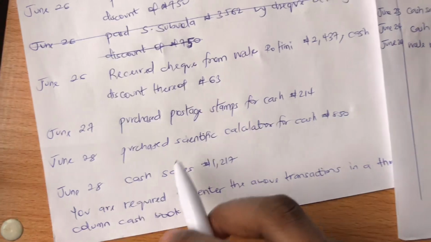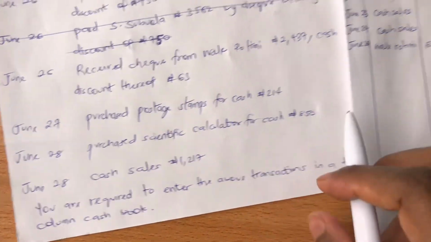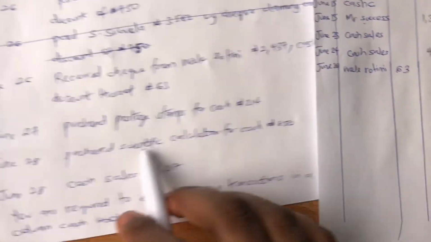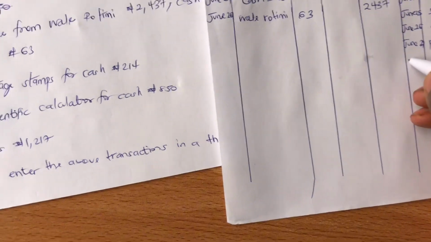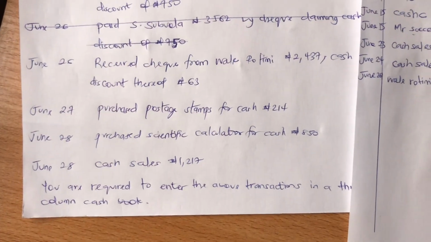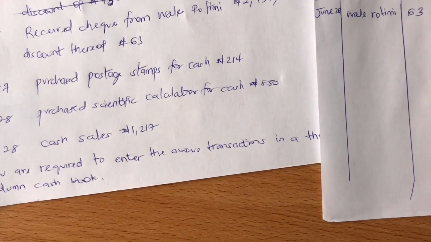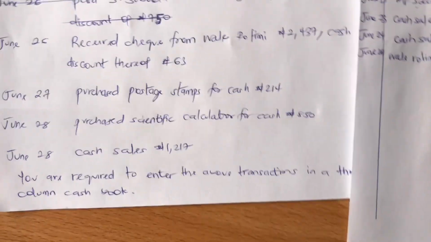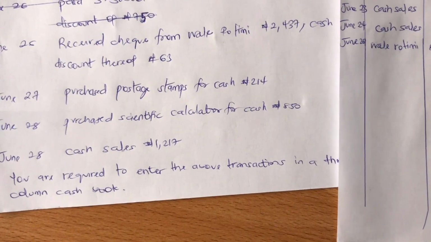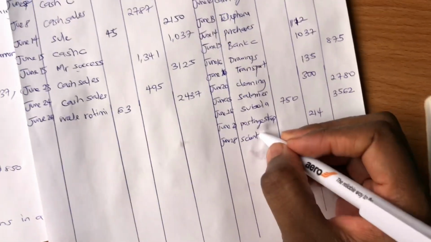So on June 28, they purchased scientific calculator for cash at 850 naira. So it's going to be credited because it's a payment. June 28th, scientific calculator, 850 naira for cash.